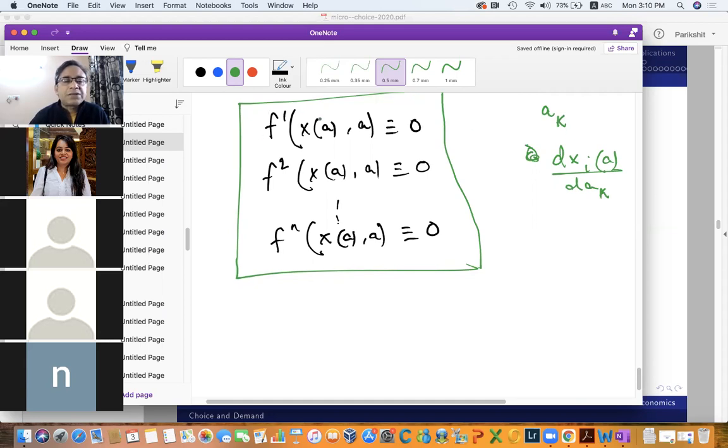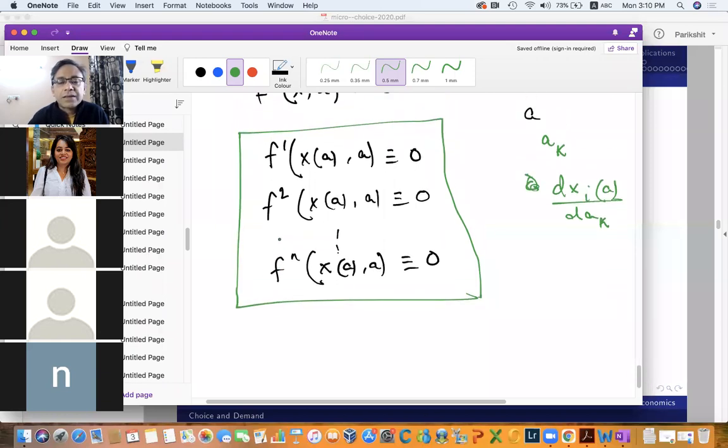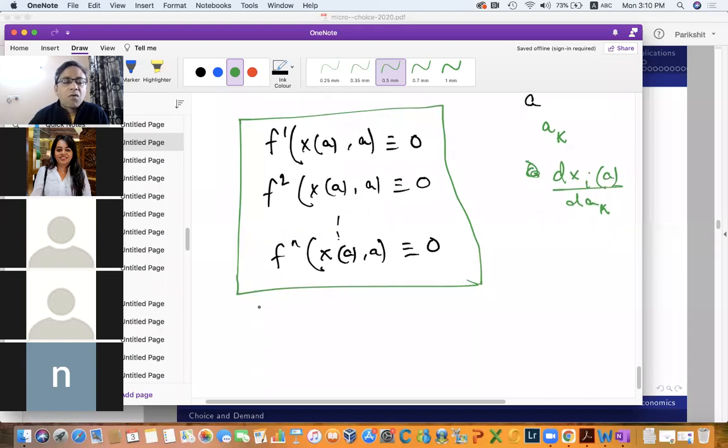So what happens if I differentiate the left-hand side here? I'll have a bunch of terms. I'll have, first of all, ∂f1/∂x1 times dx1/dak. The kth parameter change will affect the value of x1, and that change in x1 will in turn affect the value of this function f1.